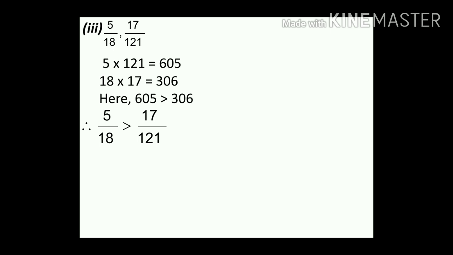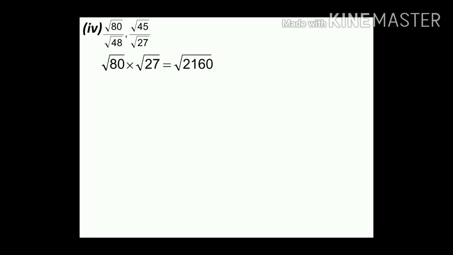Now, fourth one. Root 80 upon root 48, comma, root 45 upon root 27. Here also children, we have to do cross multiplication. Root 80 into root 27 equals root 2160. Now root 48 into root 45 equals root 2160.